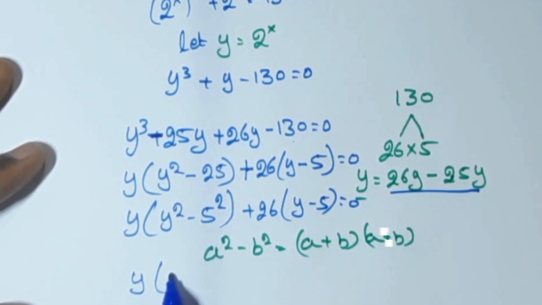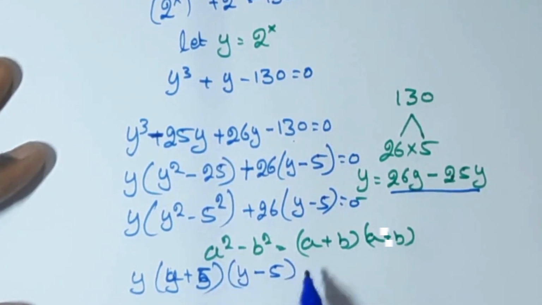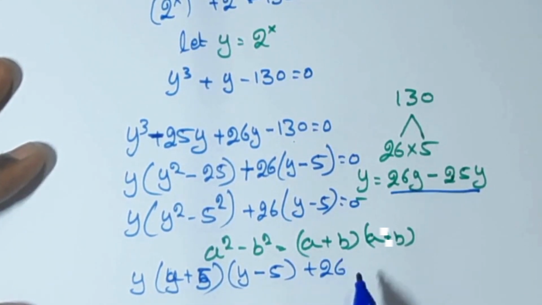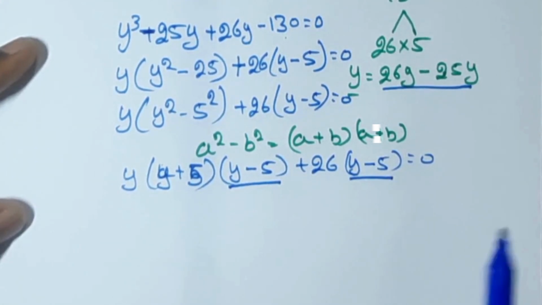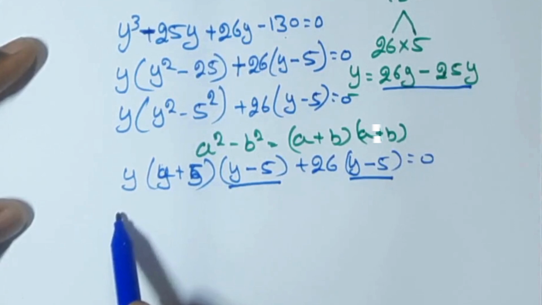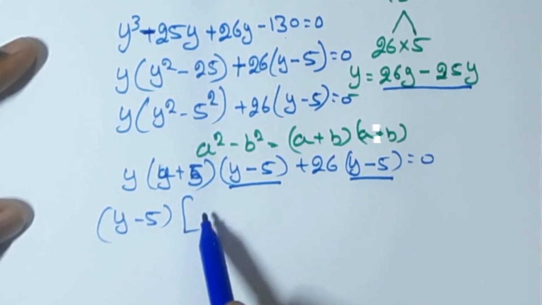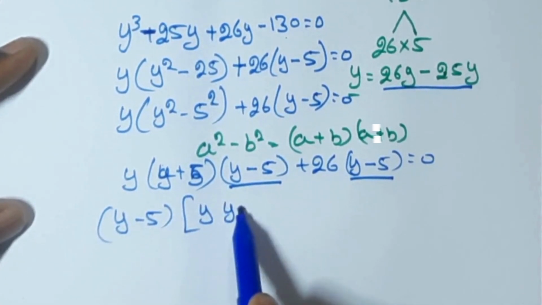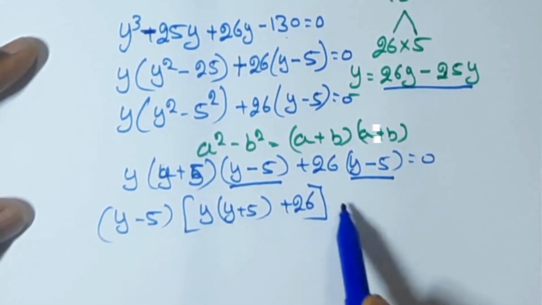So y times (y plus 5)(y minus 5) plus 26 times (y minus 5) equal to 0. Here we have y minus 5 common, we are taking that common. Y minus 5, open bracket, y squared plus 5y plus 26 equal to 0.